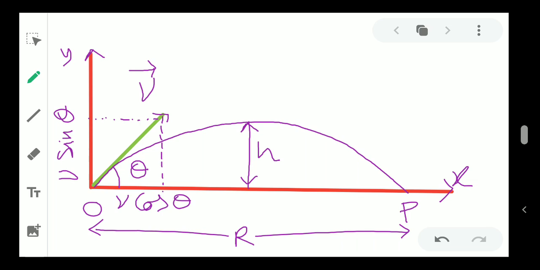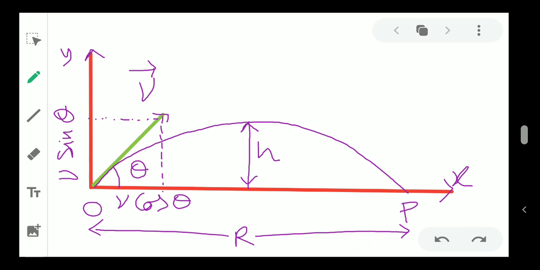So v cos theta is merely the value, and you may ask why I am not giving the vector sign now. Because I am taking only the value, and the direction is already applied in terms of theta. Cos theta represents the direction, like a directional contribution.